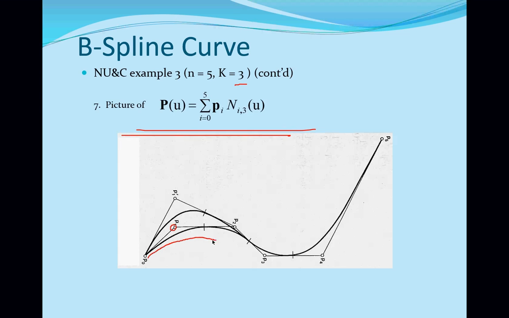So this lower curve, whatever is there, is because of this polygon. If I shift to this, then my curve will change something like this. So I'm trying to draw another parallel curve, which will help you.